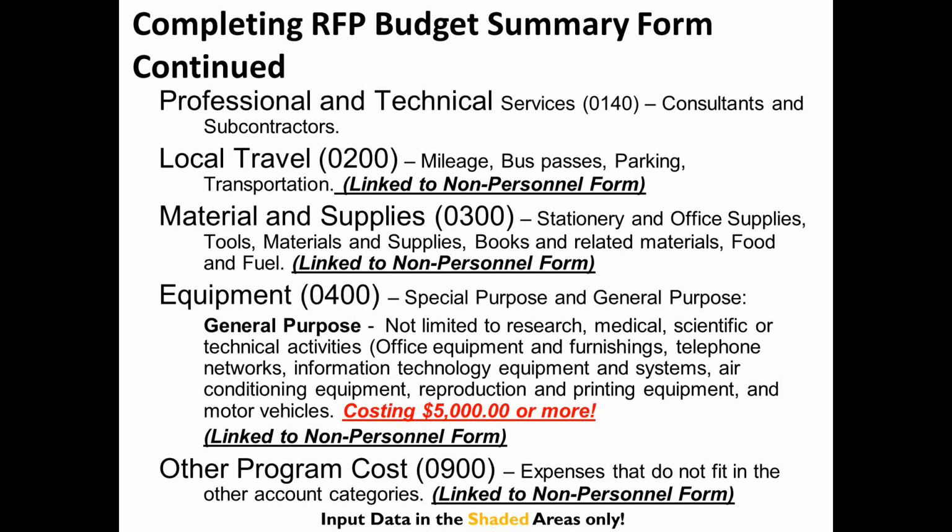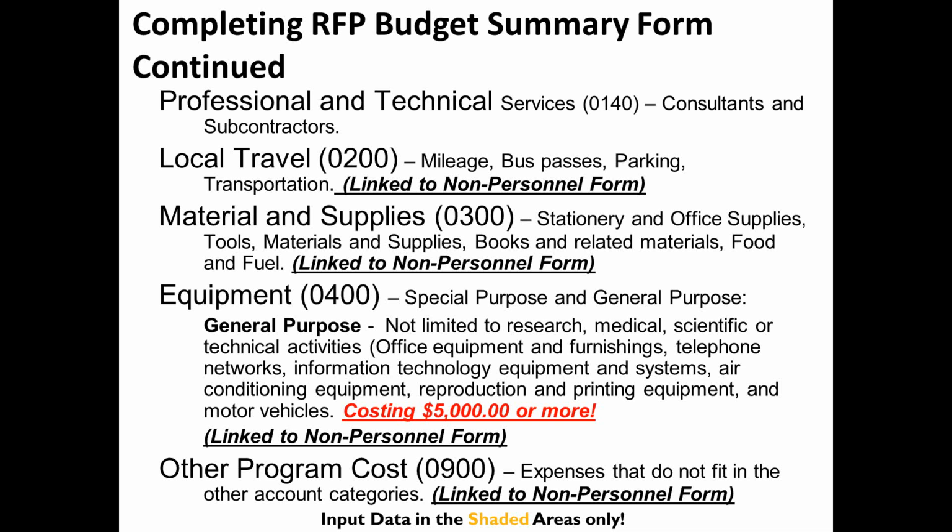Then we have materials and supplies, that's account 0300. We have equipment, 0400. When we are budgeting for equipment, we show equipment as office equipment and furnishings, telephone networks, information technology equipment and systems, air conditioning equipment, reproduction and print equipment, other motor vehicles, those types of things.